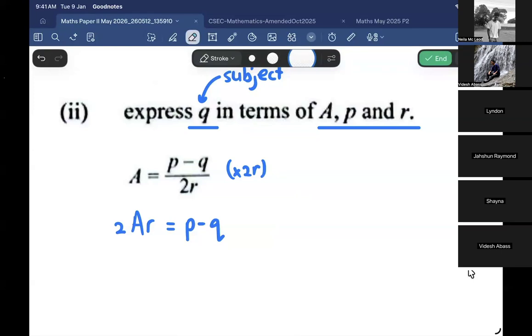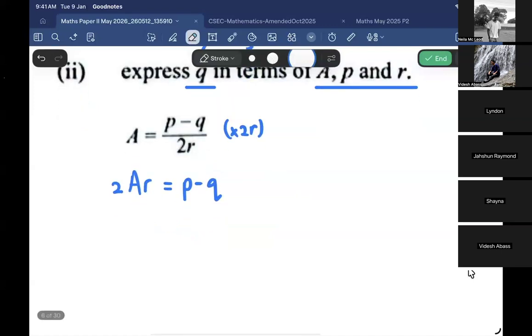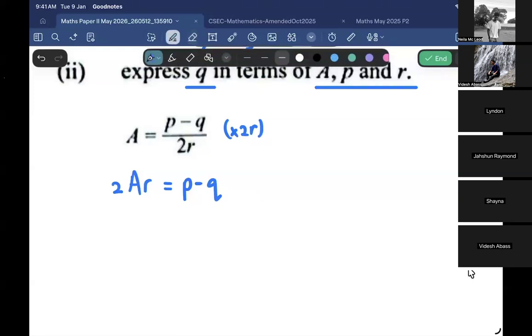When I say isolate Q, I mean that I want Q to be the only thing on whatever side it's on. So here, where's the Q? On the right side. Right, so you need to isolate the Q.